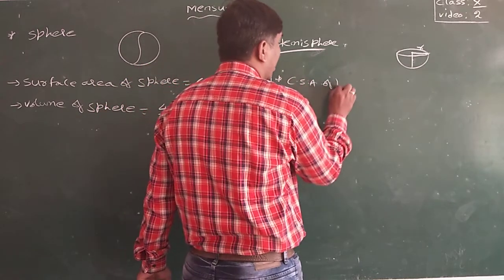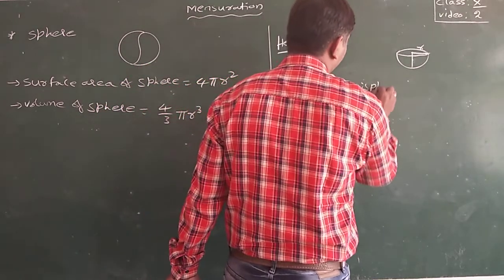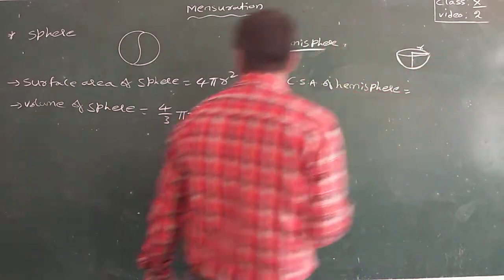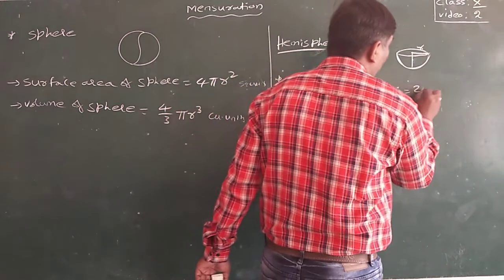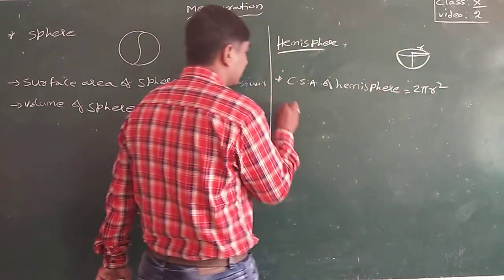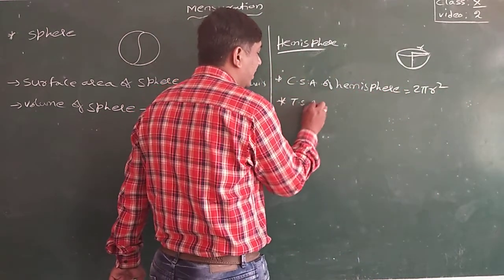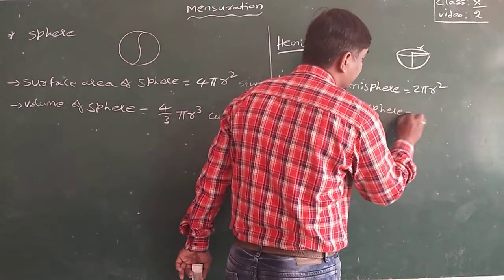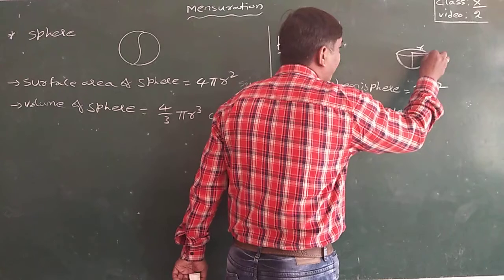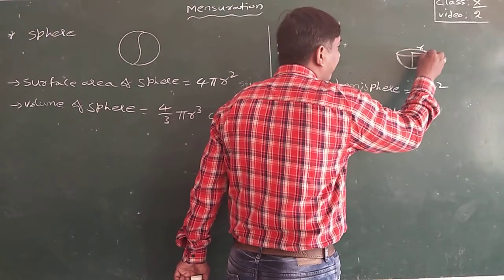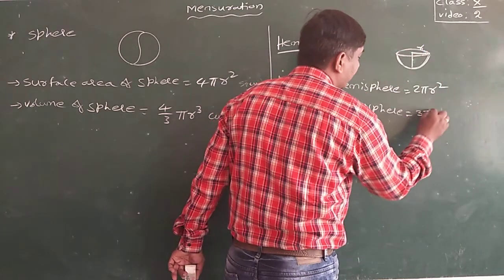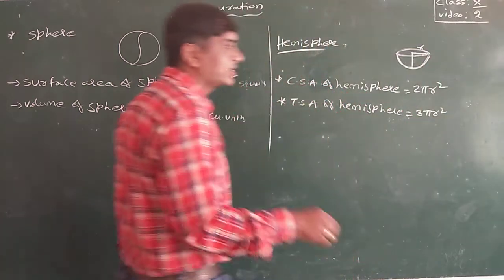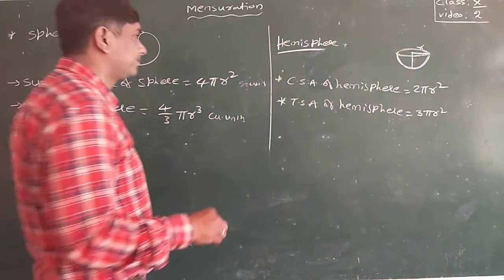CSA of hemisphere means this part only, this one half, 2 pi r square. TSA of a hemisphere: this CSA plus this top pi r square, means 3 pi r square. This is already 2 pi r square, this is pi r square. Pi r square plus 2 pi r square is 3 pi r square.